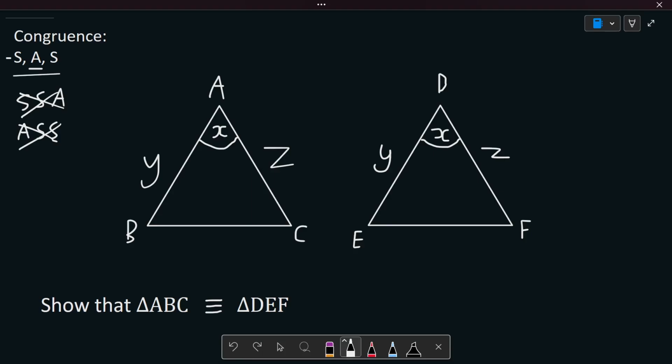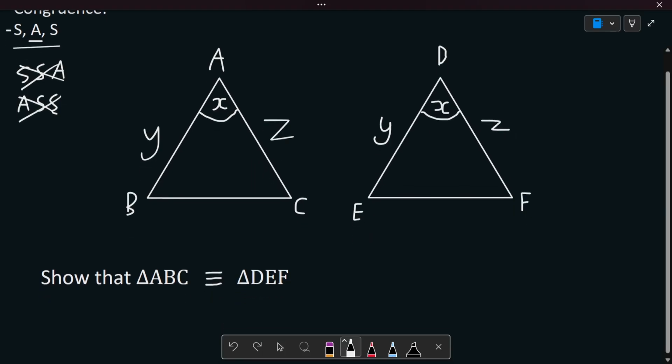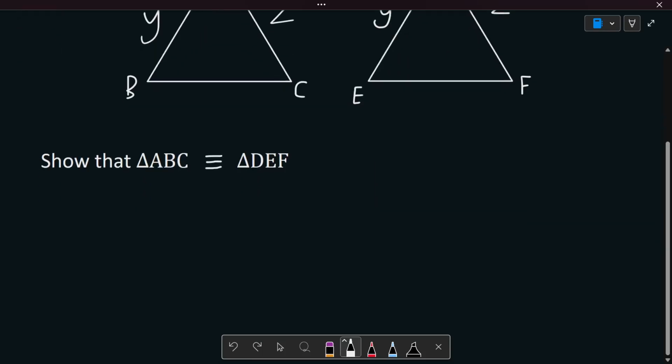Okay, so how do we answer this one? We can clearly see that we are working with two sides and an angle, which is given over here. Side, angle, side. So we have two sides and one angle for each triangle in this case. So what is going to be congruent? Remember, they say show that triangle ABC is congruent to triangle DEF.